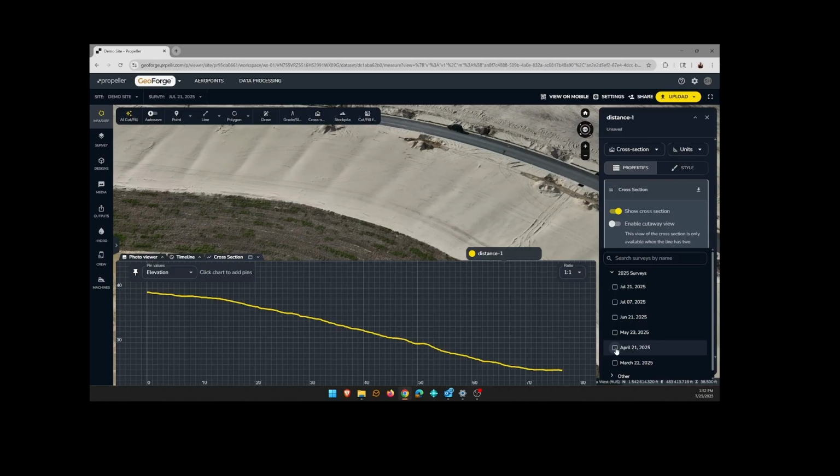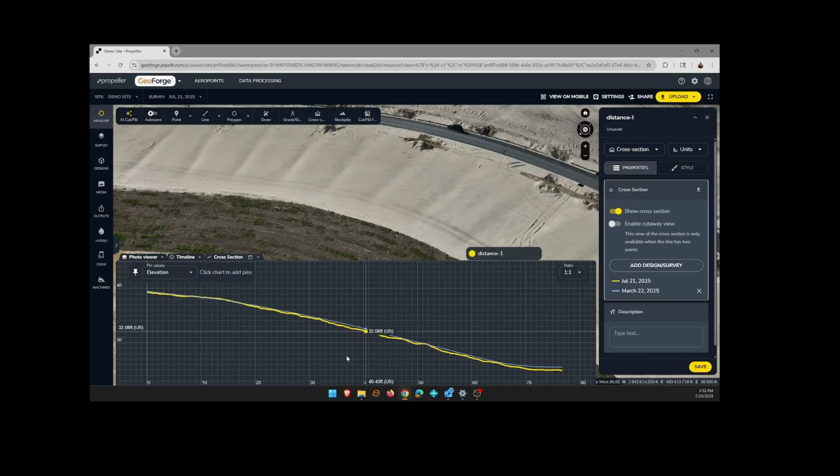So let's see what this was back on March 22nd of this year. We can add that, and when we come back out, we're going to draw the blue line. I think we can see this is what it was in March, a little bit more smooth. So we can compare two different data sets.